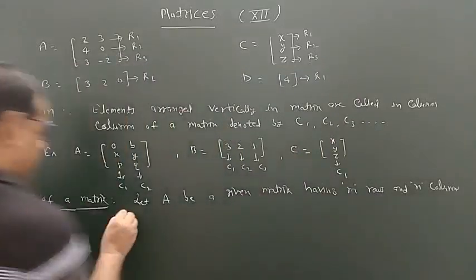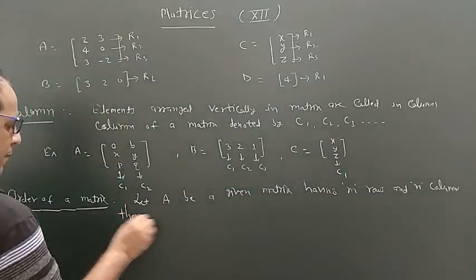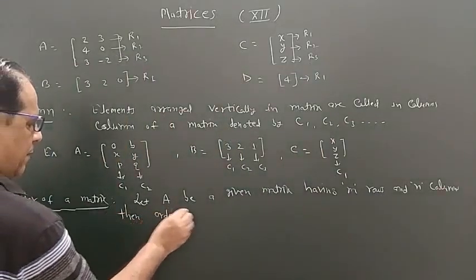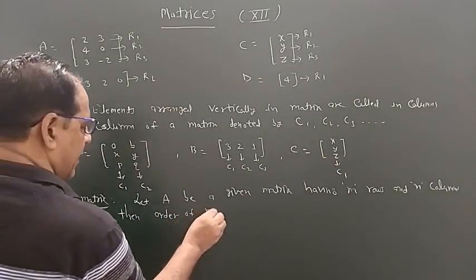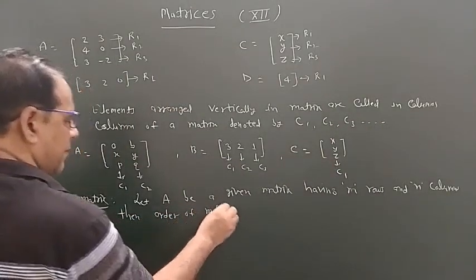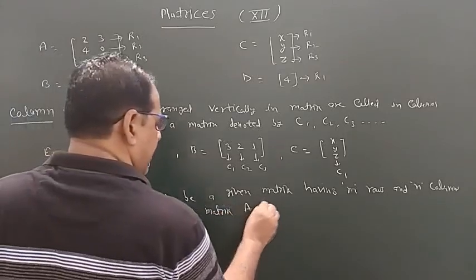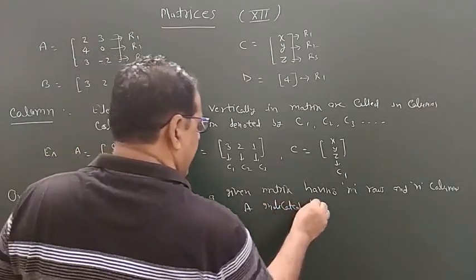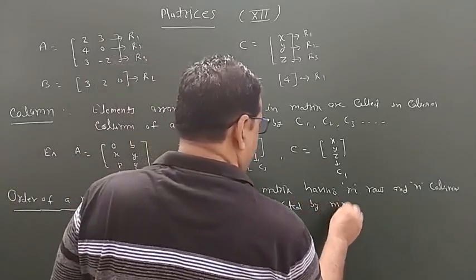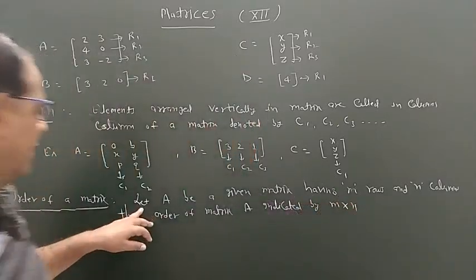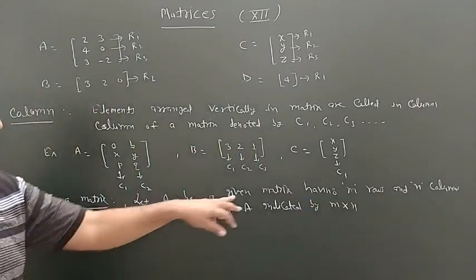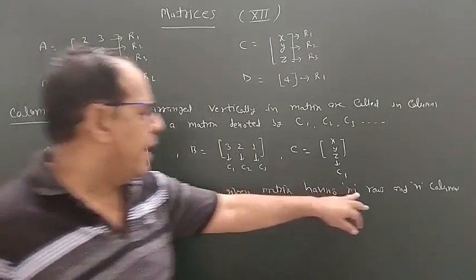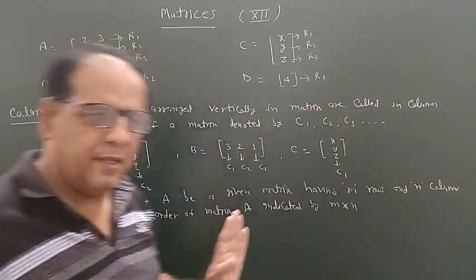Then the order of matrix A is indicated by m cross n.